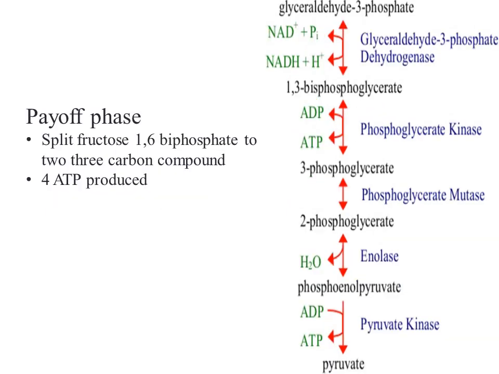The next phase is called the payoff phase, in which the fructose 1,6 bisphosphate molecule gets converted into two 3-carbon compounds, and as a result of this conversion, 4 ATPs are produced. As I told you, ATP stands for adenosine triphosphate, and I explained all the abbreviations at the start.